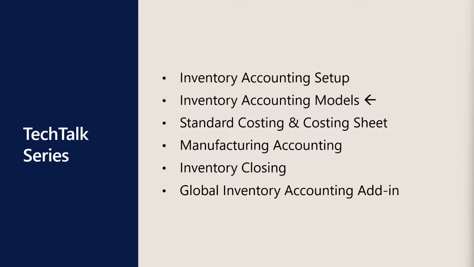We continue to build on the costing logic in part 4 by diving into production costing. Then in part 5, we will review the inventory closing process and wrap up the series with a spotlight on the new global inventory accounting add-in. Part 1 was recorded last week, and you can find the recording on the Tech Talk Dynamics community page.